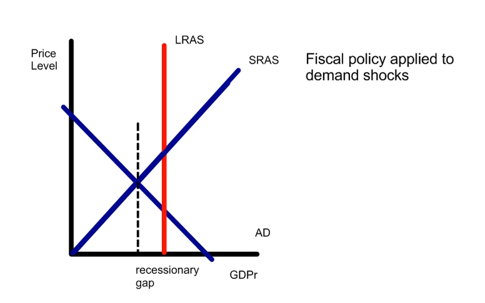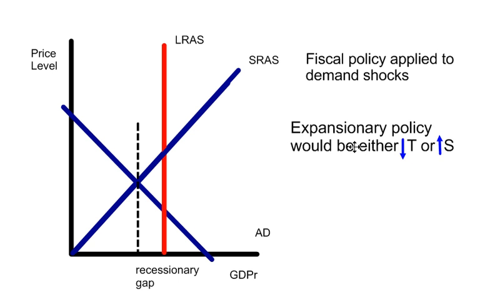And the way you fix a recession is you use expansionary fiscal policy, which would require you to either lower taxes or increase spending or some combination of those two.